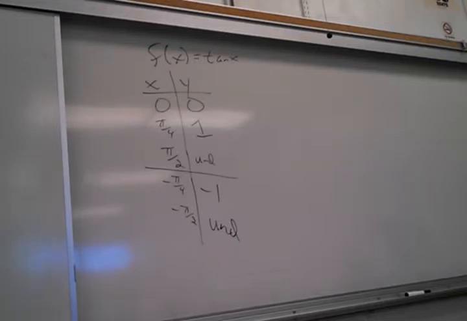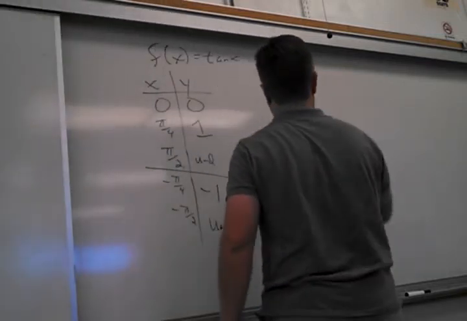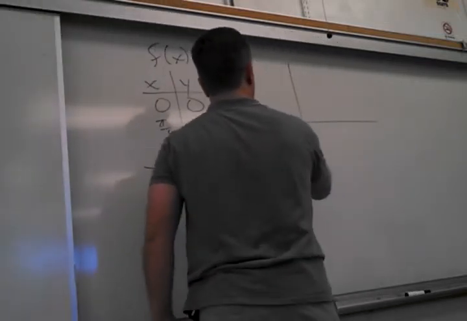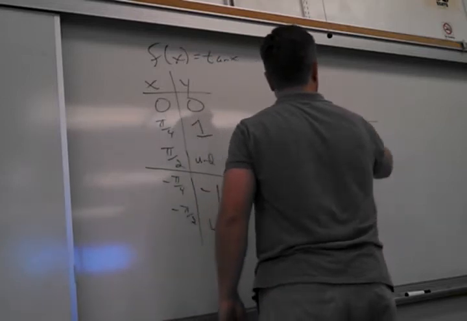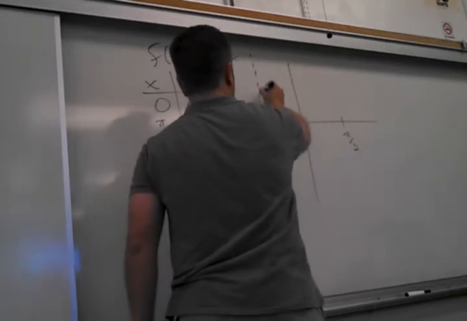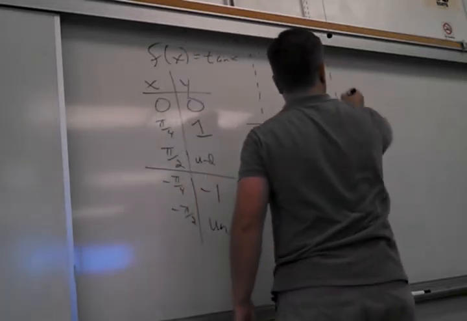Now I can fill in, like Chris wanted, pi over 6, pi over 3, and they can kind of fill in the middle parts. But we'll get the shape from this well enough. So if I go from negative pi over 2 to pi over 2, those are the places we found there's asymptotes.